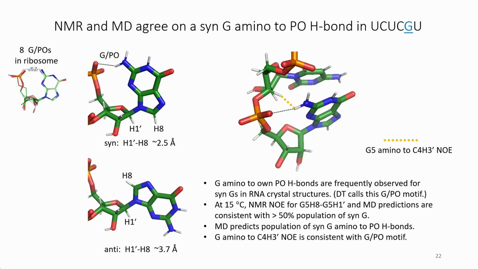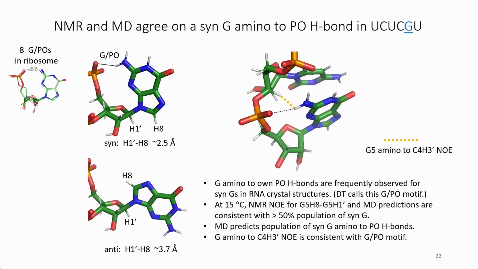G5 is predicted to often form a hydrogen bond between its amino group and a non-bridging oxygen in its own phosphate, the G5 phosphate.